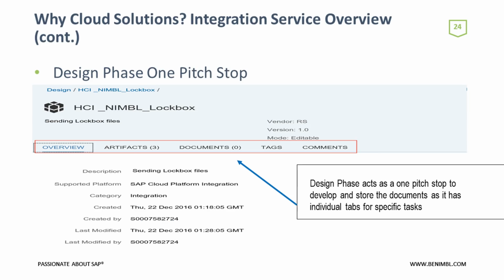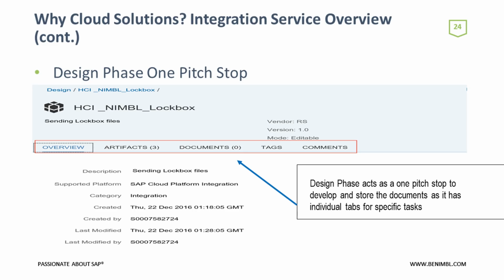And in the design phase, this is one of the features I really like. Being a developer in the integration space, this design phase acts as one pit stop. When I say one pit stop, you can see that it has all the different tabs wherein you can have all the information pertaining to this particular integration flow, compared to the traditional way of development. I'm not against the traditional way of development, but we always need to embrace modern technologies and the changes.